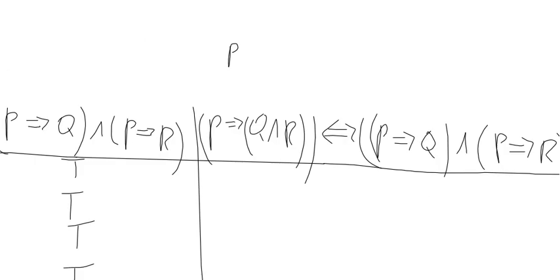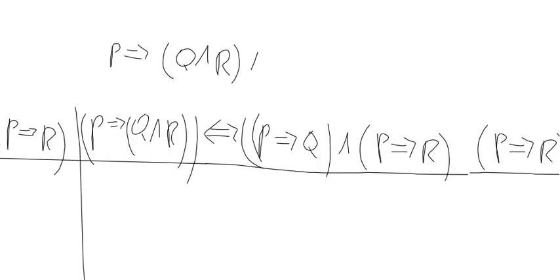There is P implies Q and R, that's the first part. But then you also have to look at P implies Q and P implies R.